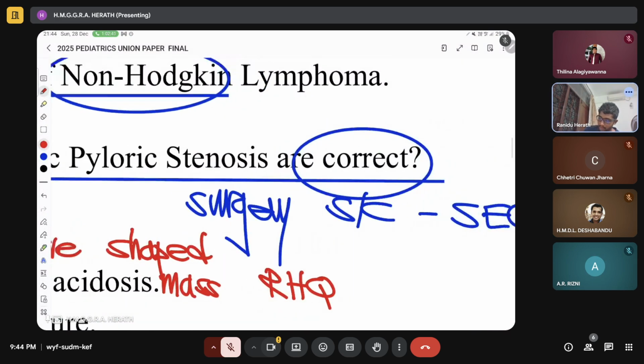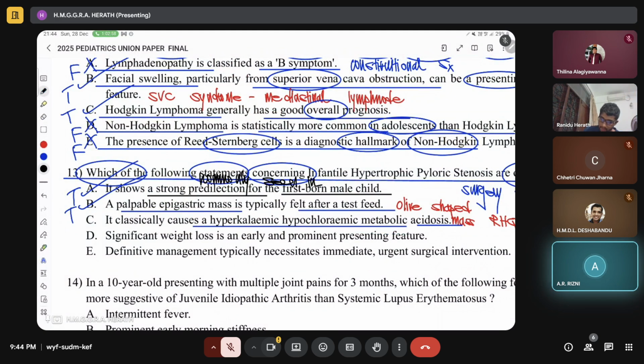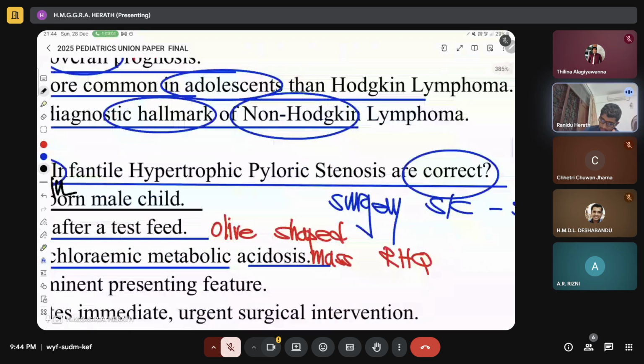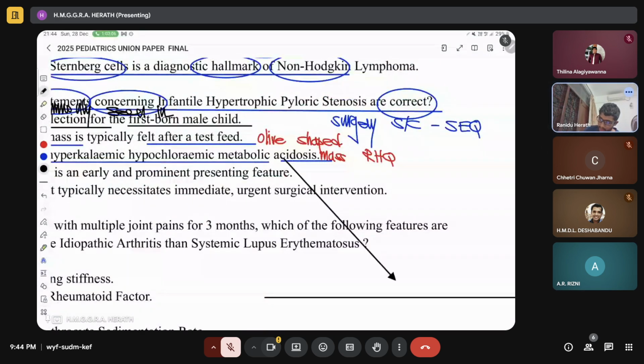It classically causes hyperchloremic metabolic acidosis. True or false? False. Why? How do patients with infantile hypertrophic pyloric stenosis present?